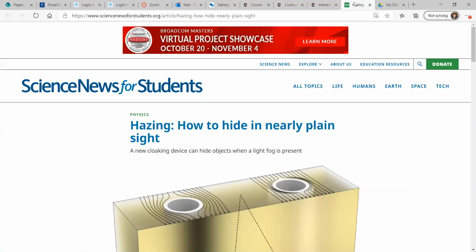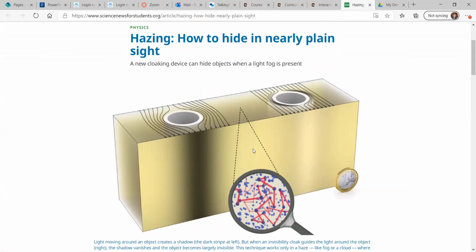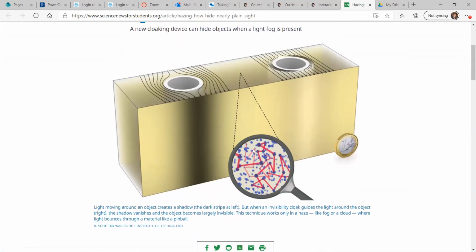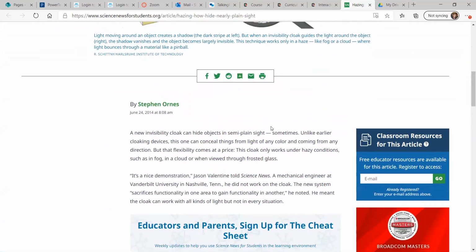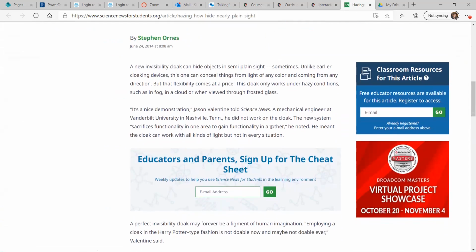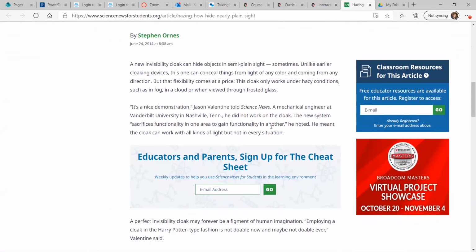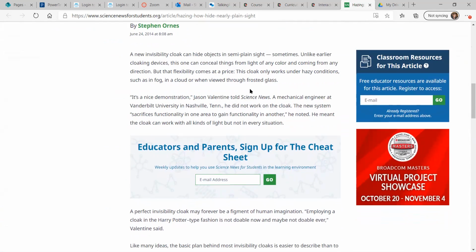Let's see. Hazing: how to hide in nearly plain sight. A new cloaking device can hide objects when a light fog is present. So if you read the article, it talks about a cloak that can hide objects in almost plain sight.